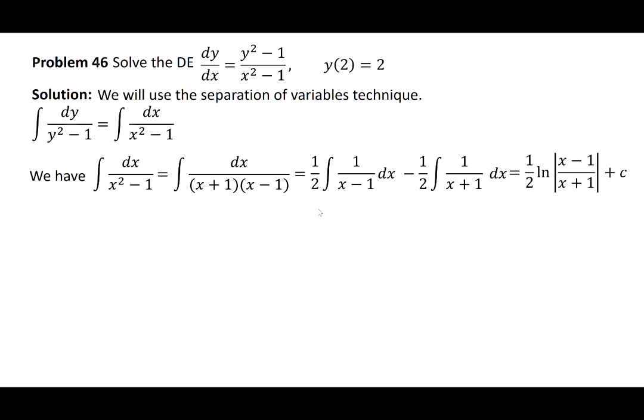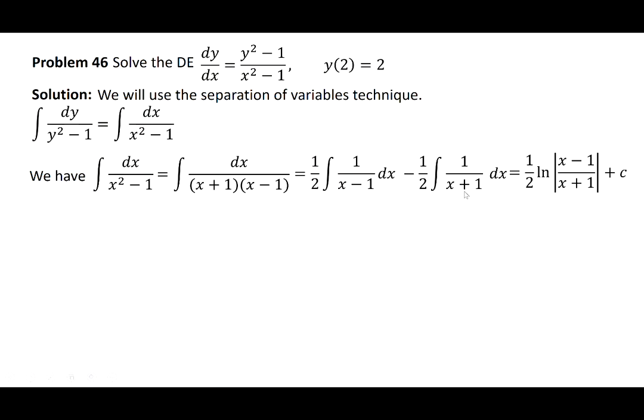And so this is 1/2 natural log of absolute value of x minus 1 minus 1/2 natural log of absolute value of x plus 1. What happened to the minus, man? Aren't you supposed to have a natural log of absolute value of x minus 1 minus natural log of absolute value of x plus 1?